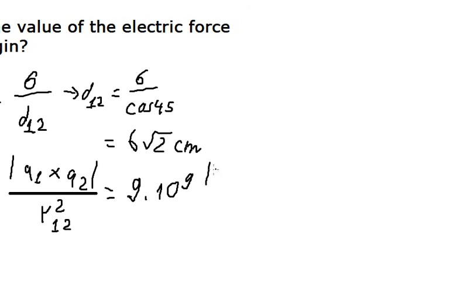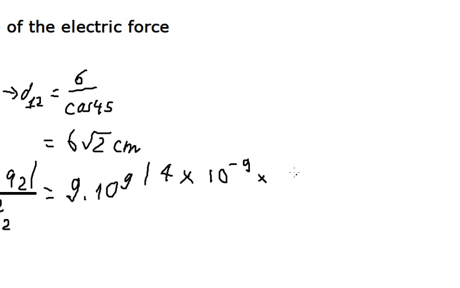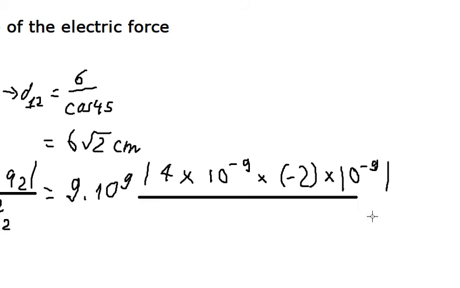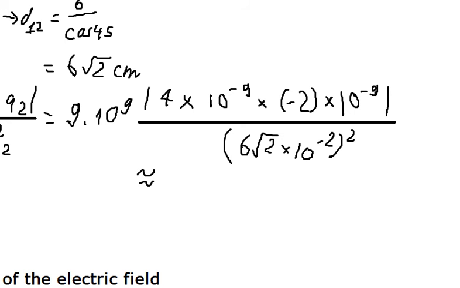That's 4 nC, so that should be 4 multiplied with 10 to the power of negative 9, multiplied with negative 2, 10 to the power of negative 9, over 6 multiplied with the square root of 2 multiplied with 10 to the power of negative 2, because we need to convert centimeters into meters, and we put the power 2 in here, and this is approximately 1 multiplied with 10 to the power of negative 5 Newton.